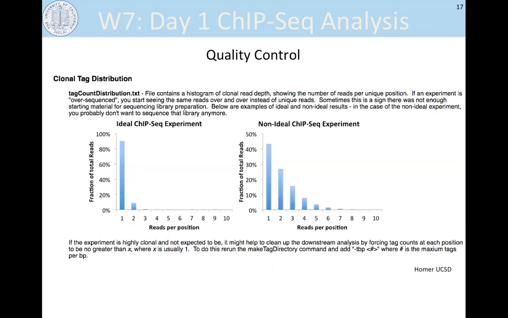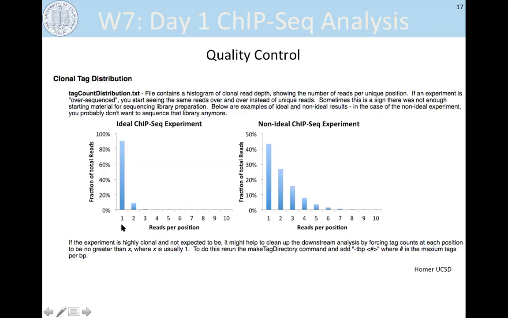So this program called Homer, which is a suite of ChIP-Seq tools, will report the number of reads per position and the fraction of total reads. So in an ideal ChIP-Seq experiment, you want most positions only having one aligned read, right?